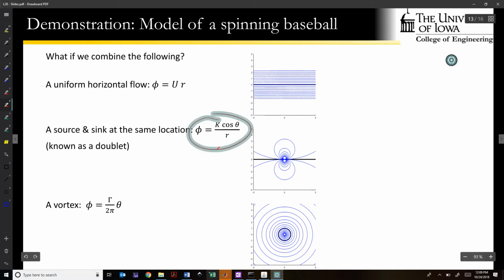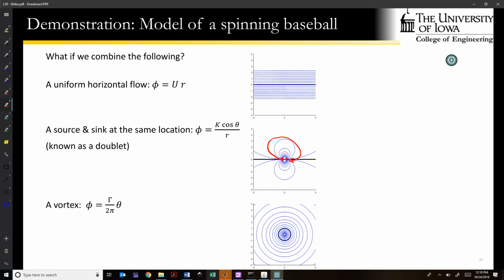This is what's known as a doublet. Sometimes it's also presented as another type of classic potential function, but really all it is is you put a source right here, and the flow comes out of it and goes right back into a sink that is sitting basically right on top of it.